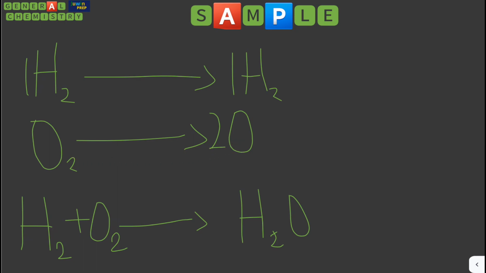Now here's a little real-time sample for us. We're giving H2 plus O2 on the left hand side, giving us H2O on the right hand side. Now note what we did here. We had hydrogen 2 here, just like we had here, and we also have hydrogen 2 here, the same thing.